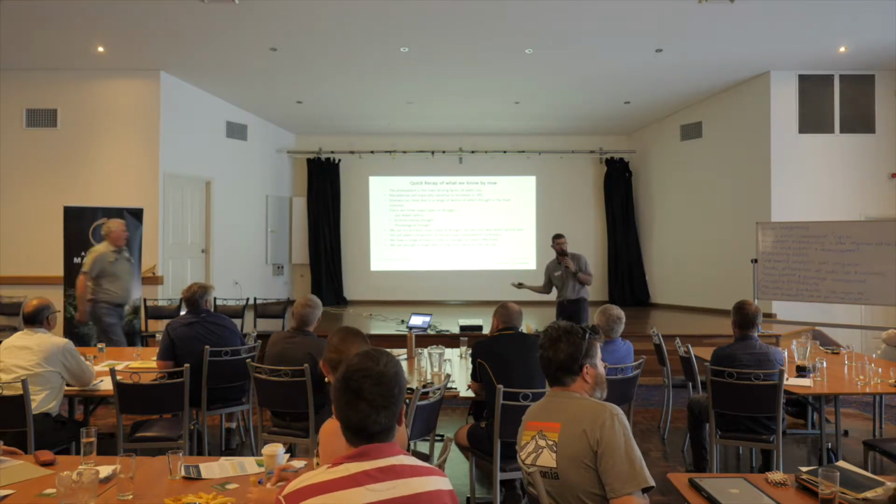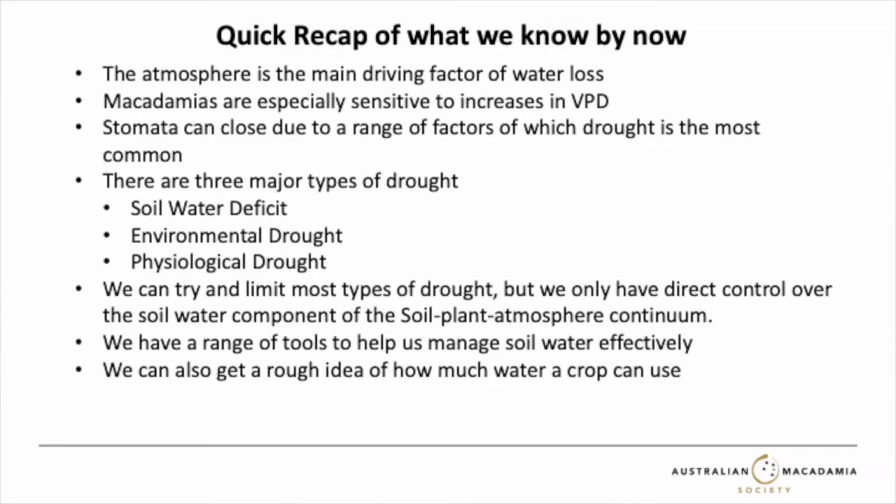All those factors could lead to stomatal closure and a reduction in yield. Some of these factors we can limit, and we've gone through how, but we can't limit or eliminate all of them. We can do certain ones, but not all of them.